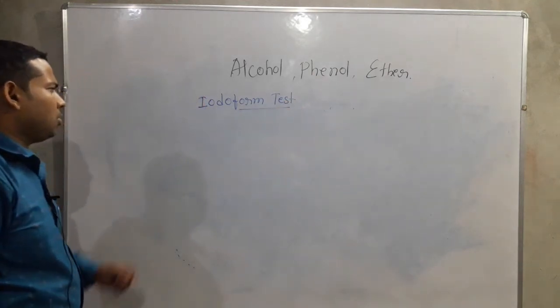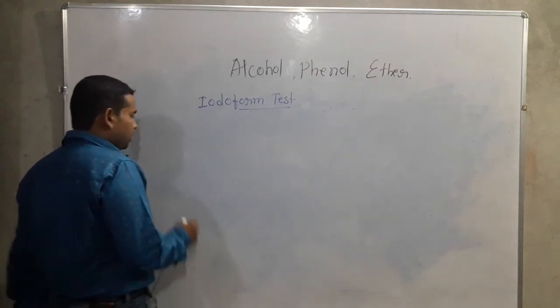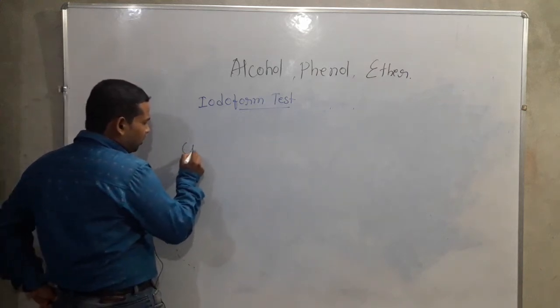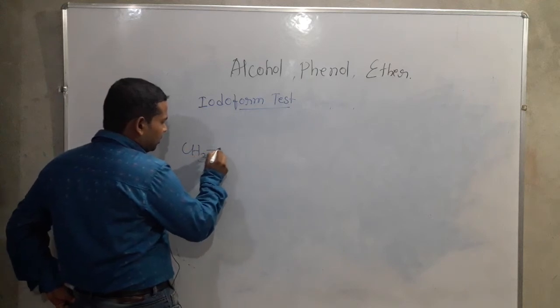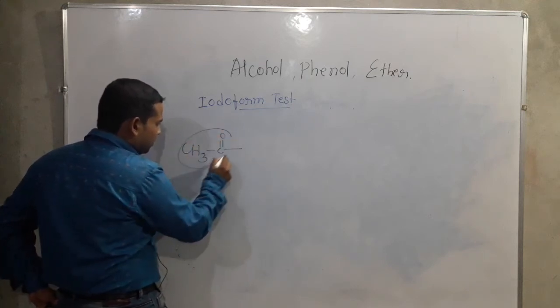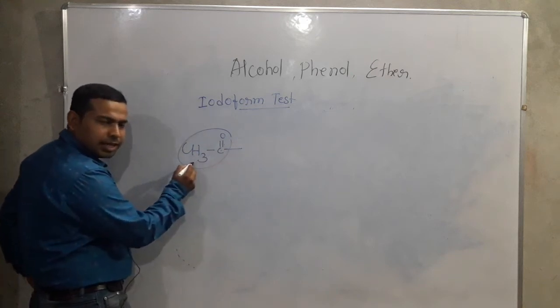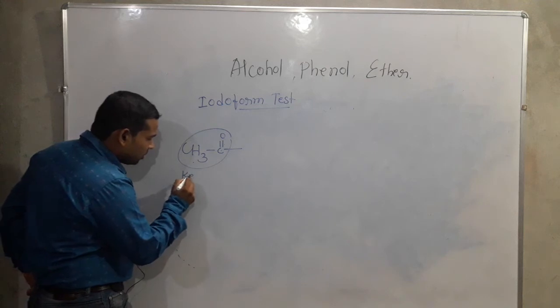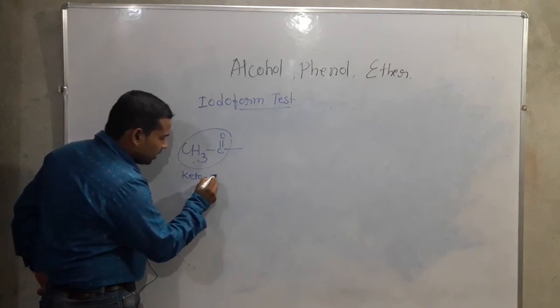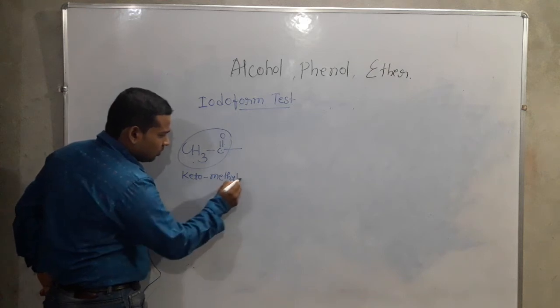So how will you use this test? Iodoform test actually requires a ketomethyl group. This is known as a ketomethyl group. Ketone, this portion is ketone, this portion is methyl. Clear? This is known as ketomethyl group.